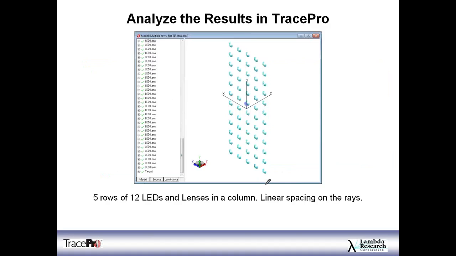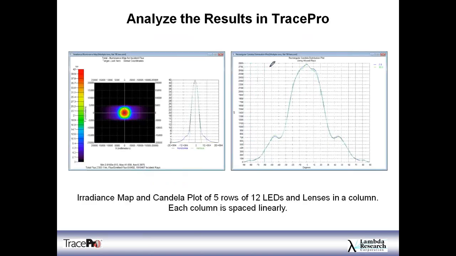So we've added more LEDs. In this case, we've now made a two-dimensional array, whereas I just took that single column of LEDs and spaced it linearly. Again, 50 millimeters spacing, and it's a flat plane of LEDs now.